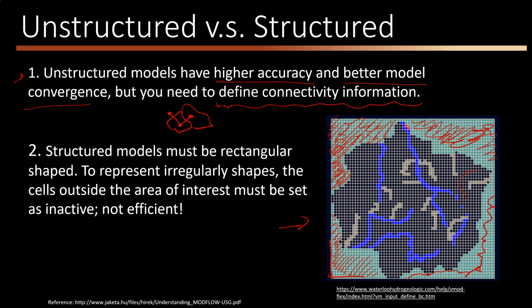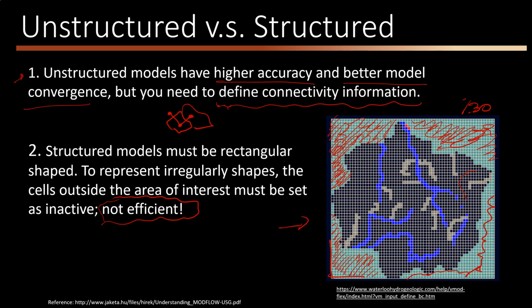So this is a big drawback of using the structured system. As you see, maybe 13% of the cells are ones I technically don't want in my model, but due to the structured system I had to have them. So this is an inefficient system.